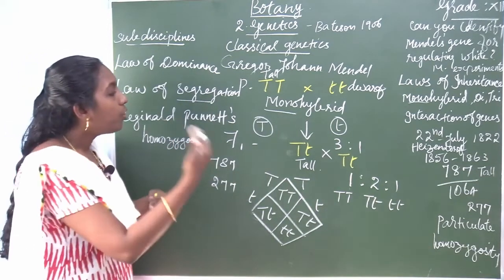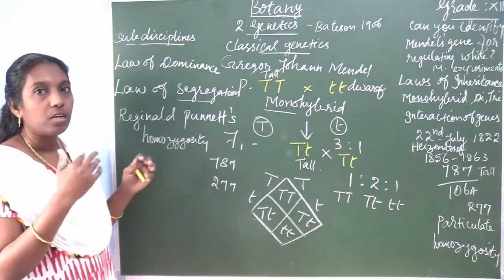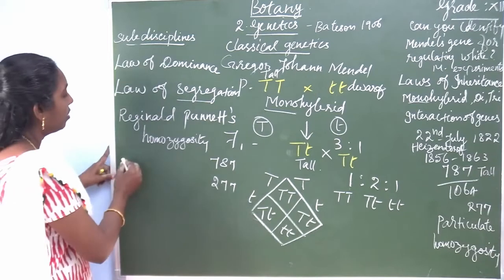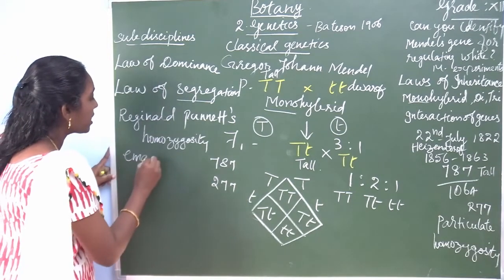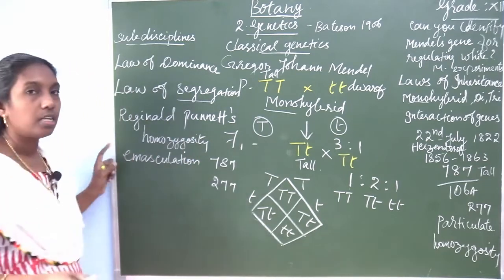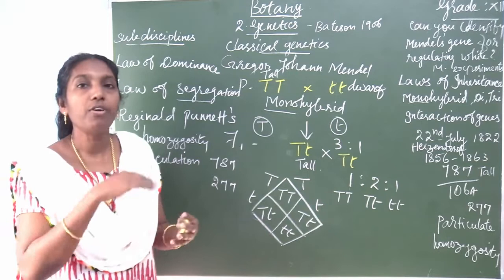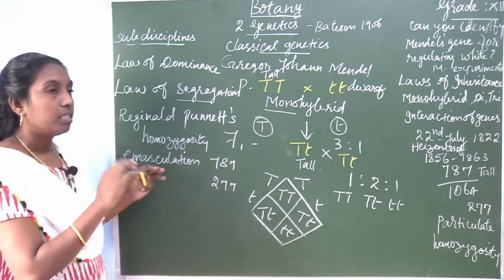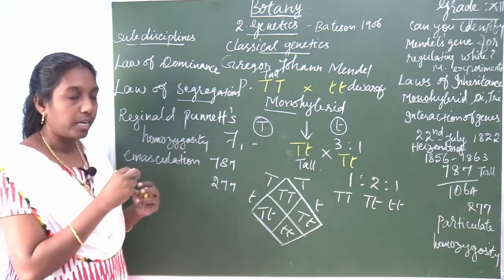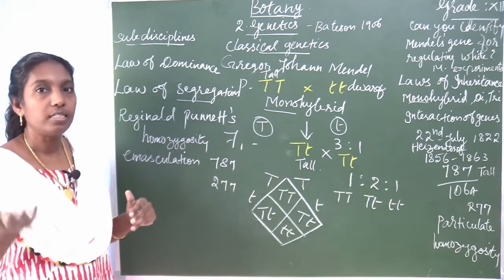But for producing hybrid, he made cross pollination. There is a process called emasculation. What is emasculation? Removal of anther from the flower before fertilization, and the pollen grains from the anthers are transferred to another flower.